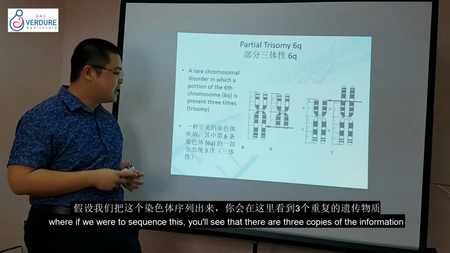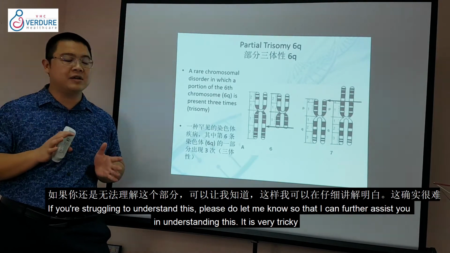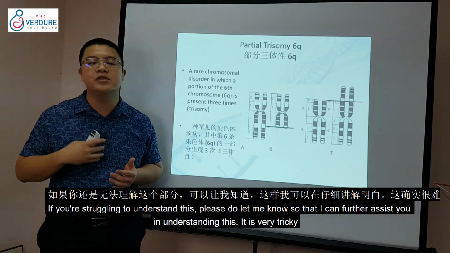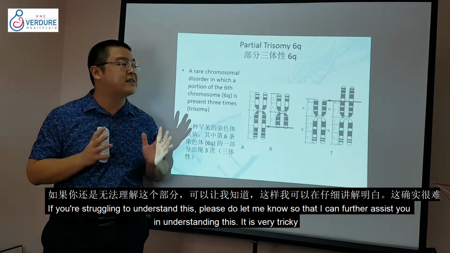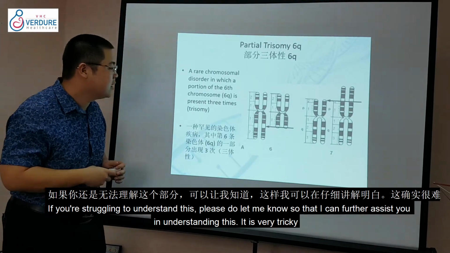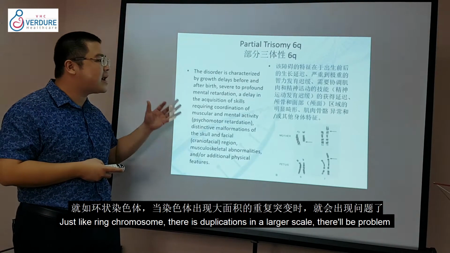Alright, and if you are still struggling with the understanding of it, please do let me know so that I can help you further with understanding partial trisomy. It is very tricky. So what's going to happen?